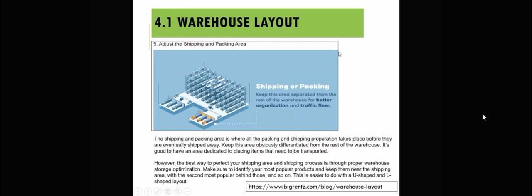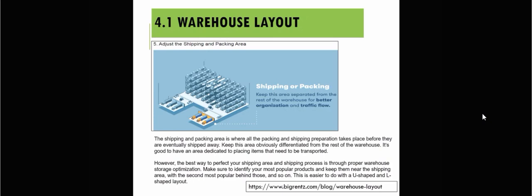tips number 5, adjust the shipping and packing area. Shipping or picking, keep these areas separated from the rest of the warehouse for better organization and traffic flow. The shipping and picking area is where all the packing and shipping preparation takes place before they are eventually shipped away. Kawasan kita nak pack ataupun kita nak hantar barang ni adalah kawasan di mana kita dah pack, kita dah sediakan untuk penghantaran ni.